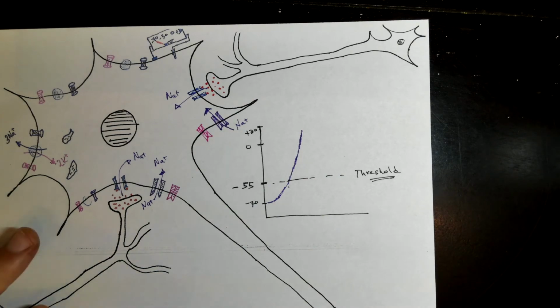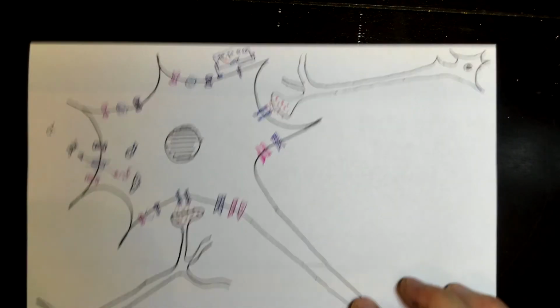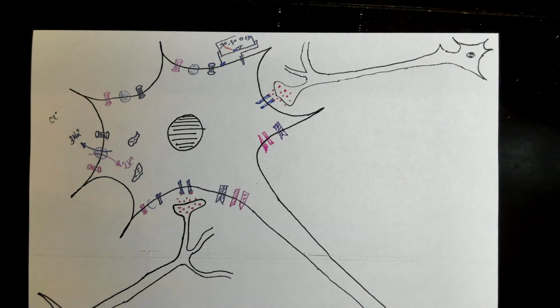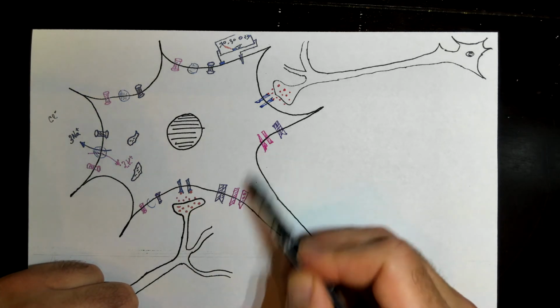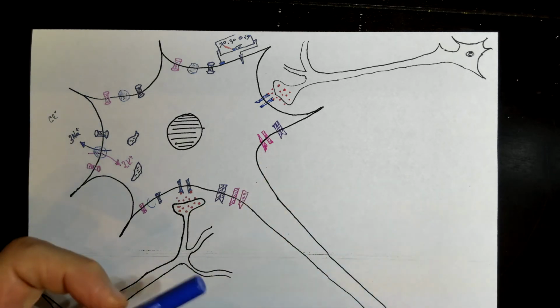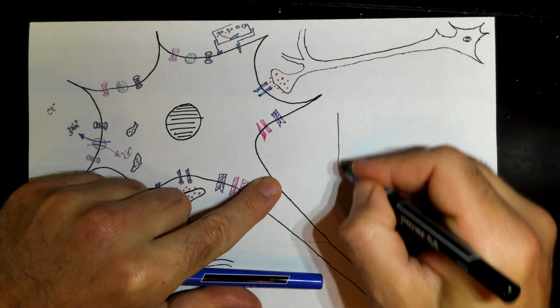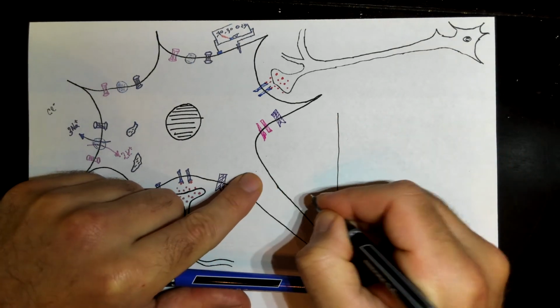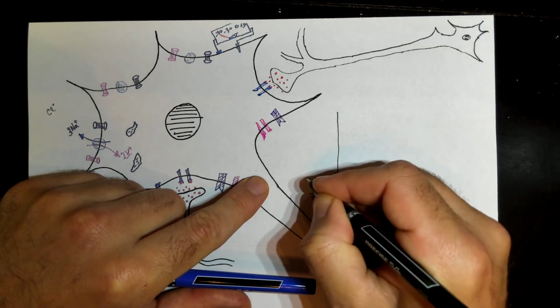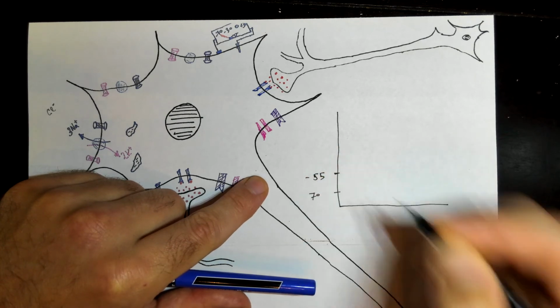And that's going to be followed, of course, by the potassium channels that are going to open on both ends while the sodium channels close. So minus 70, minus 55 is your threshold.